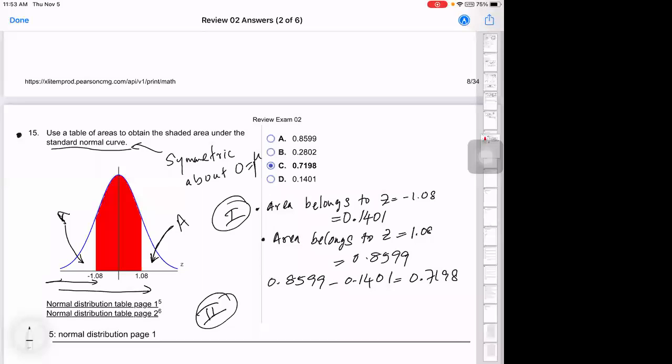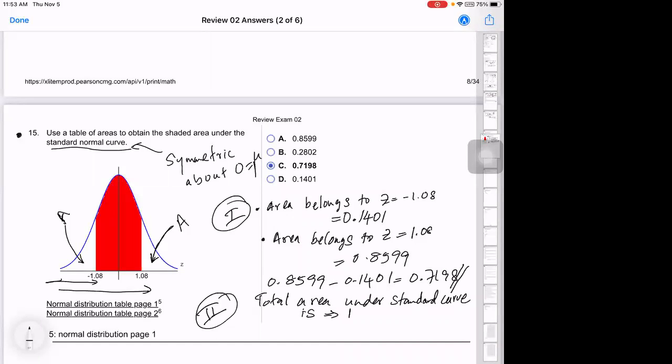You know that the total area under the standard normal curve is 1.